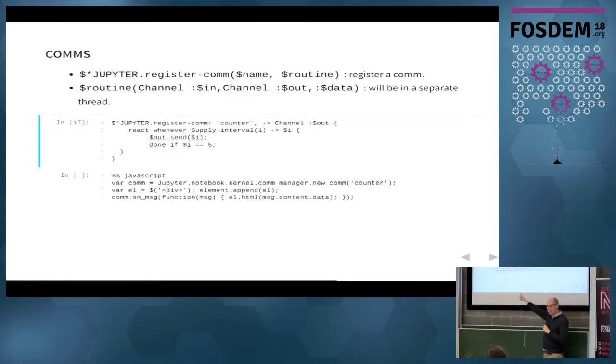And then make a new div element and associate with this comm a callback on the front end that says every time you receive a message, put it into the div element. Okay. Is that straightforward enough? Sort of? Okay, that's what we're going to get. 1, 2, 3, 4, 5. Very exciting.